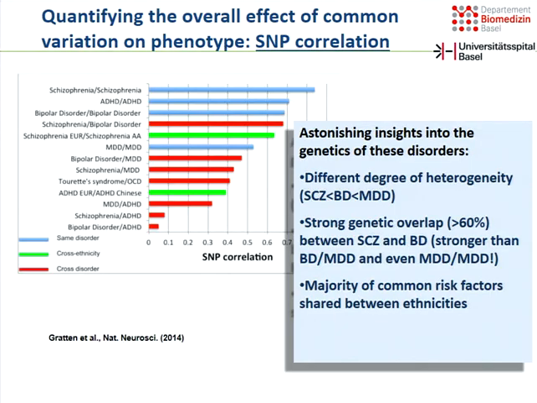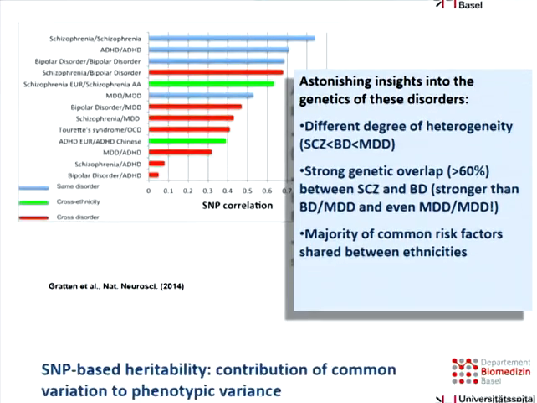It's even stronger than between bipolar and major depression. And that is also interesting: the genetic overlap between schizophrenia and bipolar disorder is stronger than the genetic overlap between different sets of major depressive samples. So that is really interesting, I think. The majority of common risk factors are shared between ethnicities, although there are some differences.